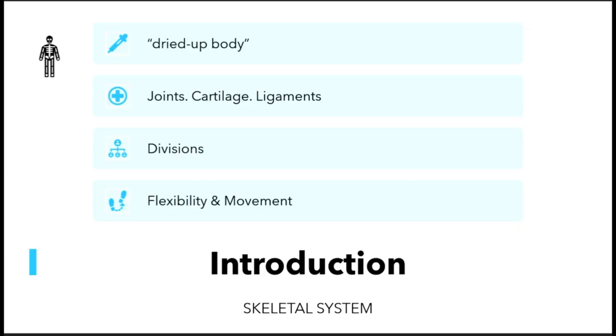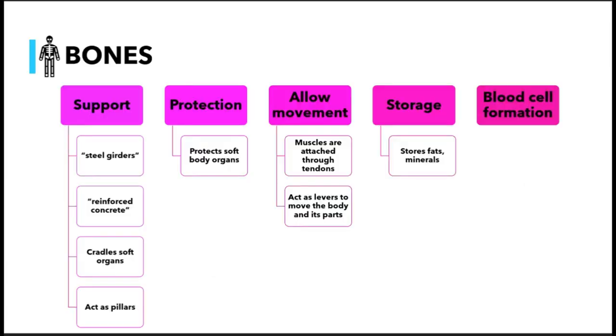So your skeletal system has divisions, which includes first axial skeleton and second appendicular skeleton. With the presence of the joints in your skeletal system, your body is given the ability to be flexible and allow body movements.